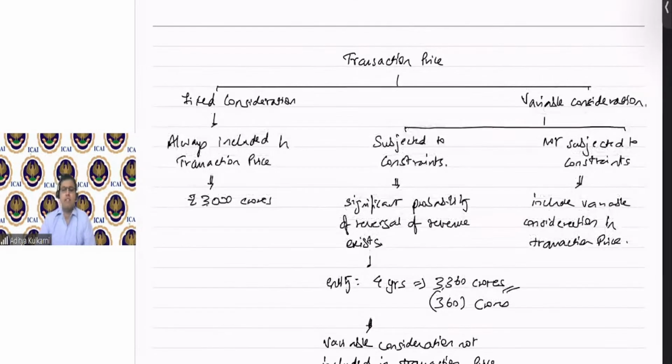Variable consideration subjected to constraint means probably you do not have sufficient experience or exposure in that particular project. Because of this, there is a significant probability of a reversal of revenue in the future. Therefore the standard says that if variable consideration is subjected to constraints, you will not include it in the transaction price.